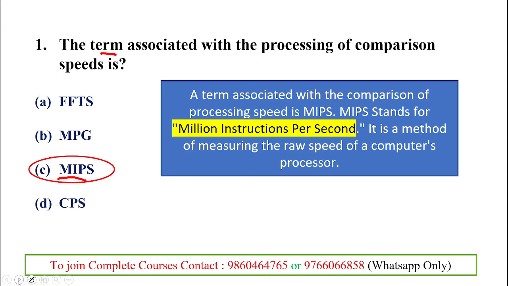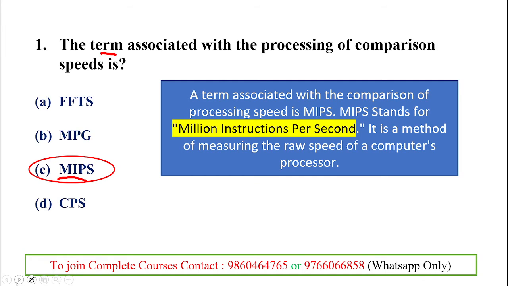Here the million instructions per second is the term associated with the comparison of processing speed of a computer, and it measures the raw speed of a computer processor. Even without any operation, without any calculation, the computer speed is compiled under the MIPS, or the million instructions per second.